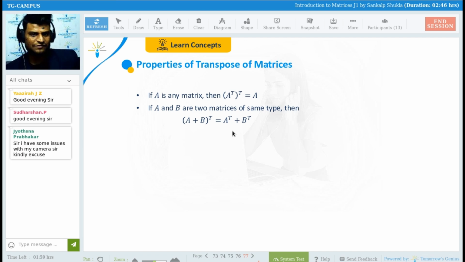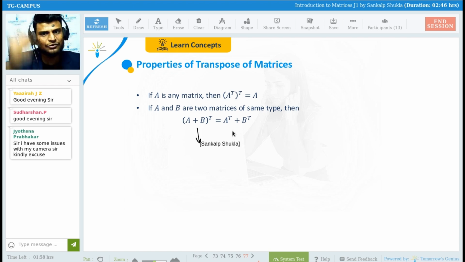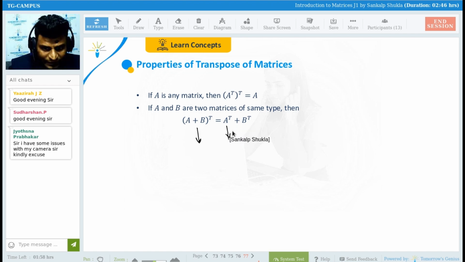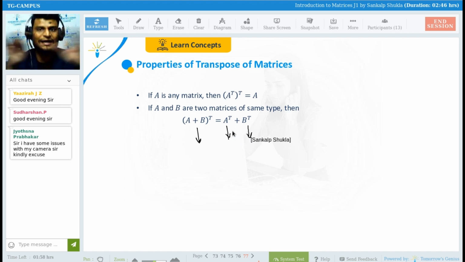Fine. There is next property which is if A and B are two matrices, please note down because these are very important properties because we will be solving questions based on this. If A and B are two matrices of the same type, then A plus B whole transpose will be equals to A transpose plus B transpose. Like if there are any two matrices, either you add them first and then take the transpose, or you can simply individually take transpose and then add.